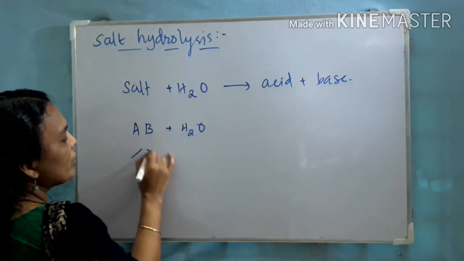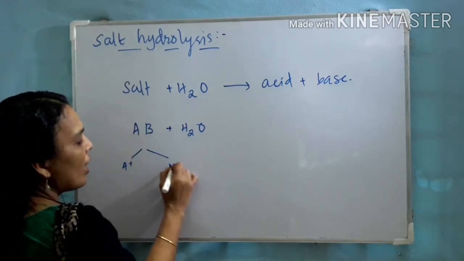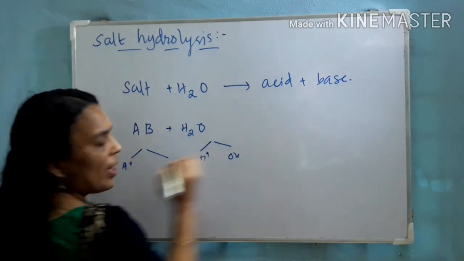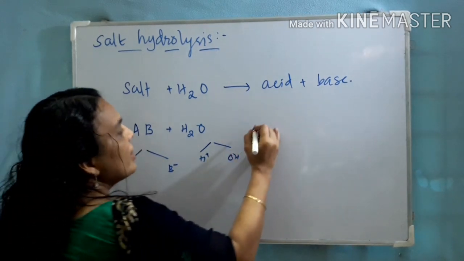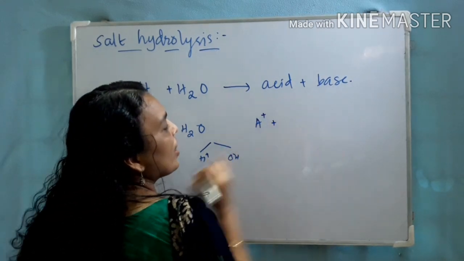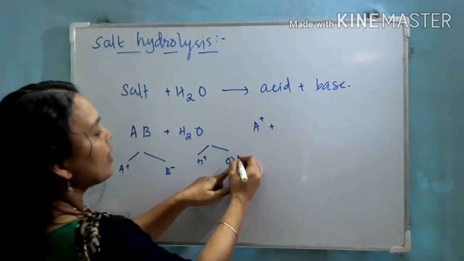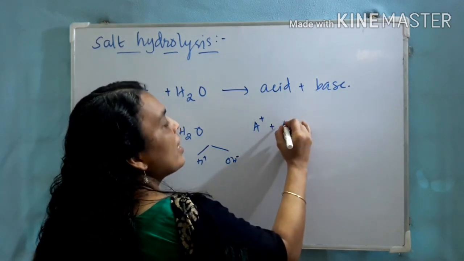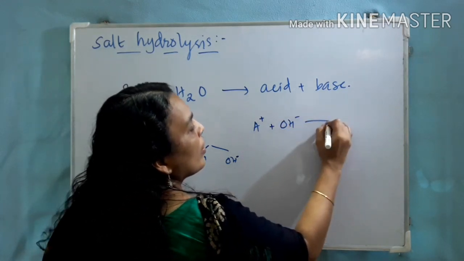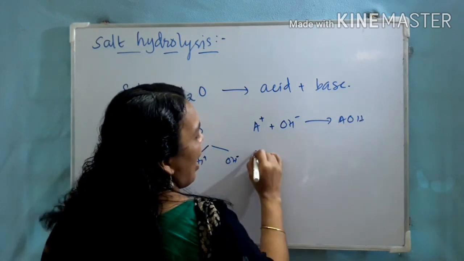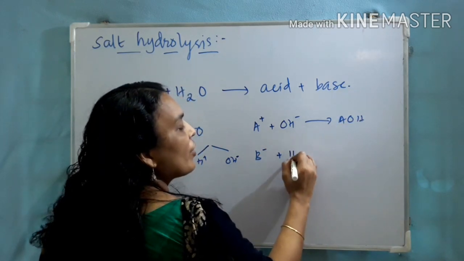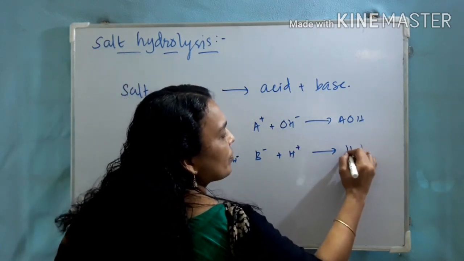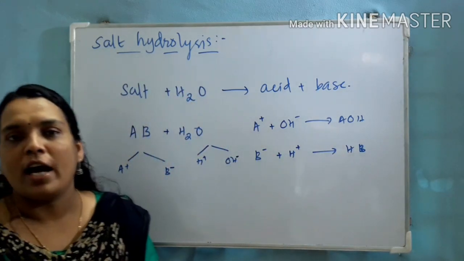This AB dissociates to A+ and B-, and water dissociates to H+ and OH-. Here A+ can undergo hydrolysis with OH- to form AOH, and B- can undergo hydrolysis with H+ to form HB. This is called salt hydrolysis.